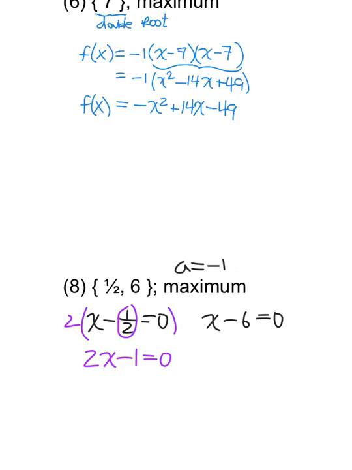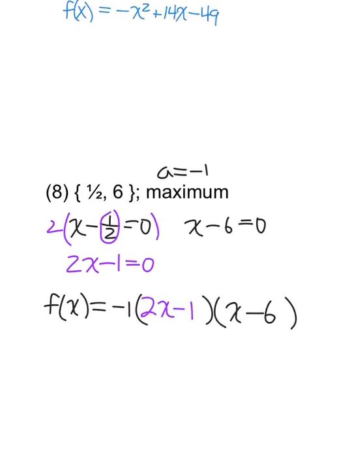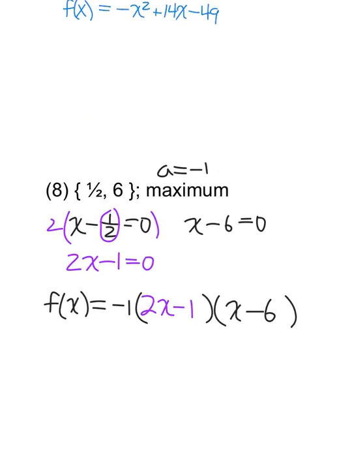So then when we go to function form, I have my negative a value. Now I have a 2x minus 1. Instead of having to work with a fraction, I'm working with an equivalent equation, just a little bit nicer. And x minus 6. Still have to distribute.